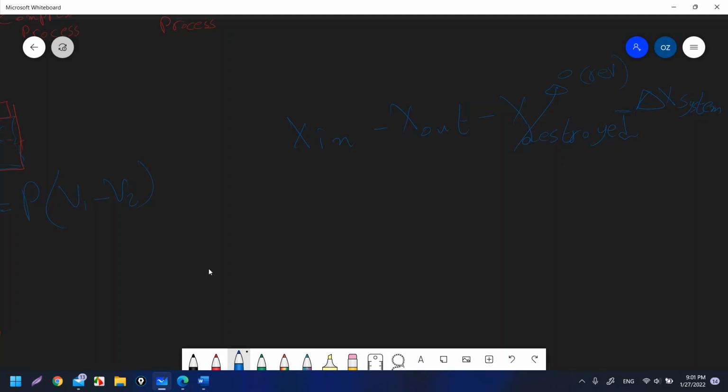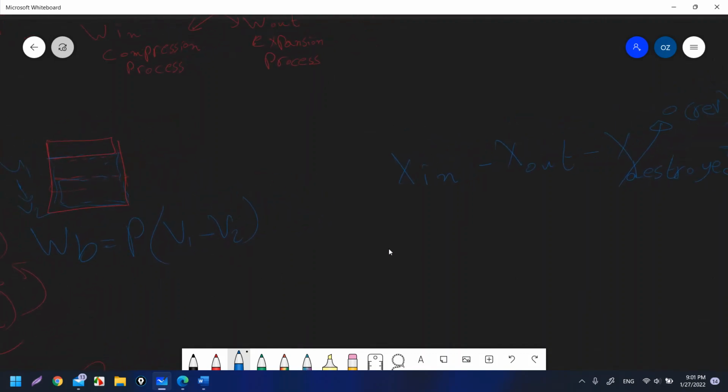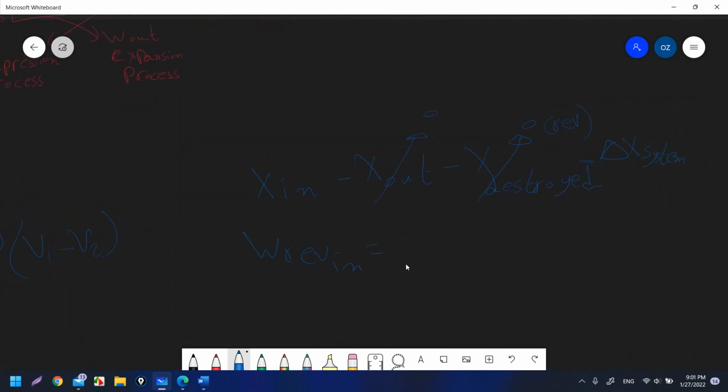Okay. Here we said it is a compression process, so work in, not work out. I am doing work in the compression process. Then there is no X out. X in will be my reversible work in, and it will be equal to delta X system that I already calculated in part 1, which is equal to X2 minus X1.